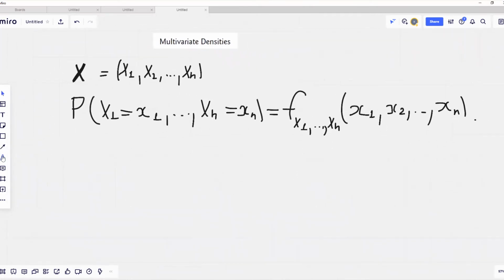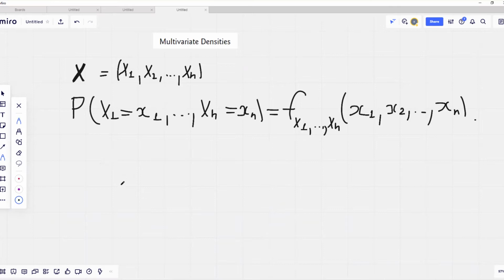In a case when our random variables are continuous, then we are going to use the multivariate PDF, and we'll have to integrate it. In the case when we're working with a single random variable, we were looking for a probability that this random variable lies on some interval on a line. In the bivariate case, we were looking for a probability that our random variables, let's call them x and y, lie in some region on an xy plane.